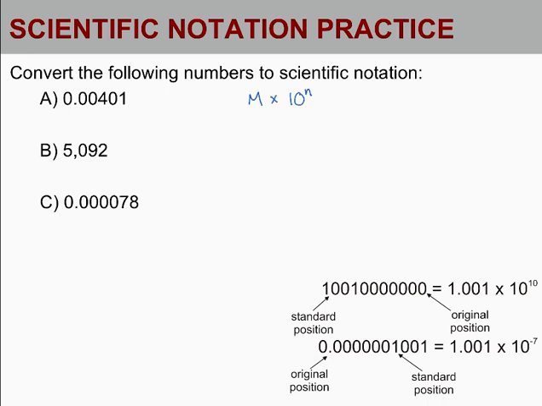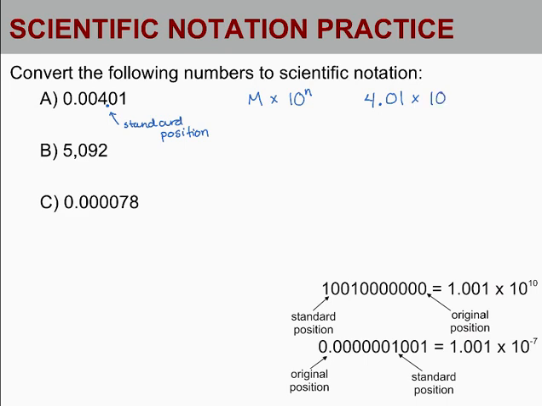So if we need a value between 1 and 10, then we probably want our decimal point to end up between the 4 and the 0 there. So this will be our standard position. So that means that our coefficient is 4.01.